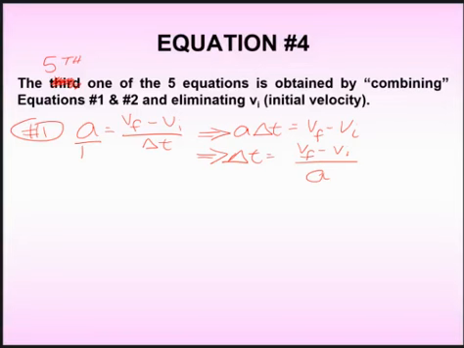Now we go to what equation? Which one? We already are done with equation 1. Now I go to equation what? Equation 2. Can someone remind me what was equation number 2? Delta t equals?